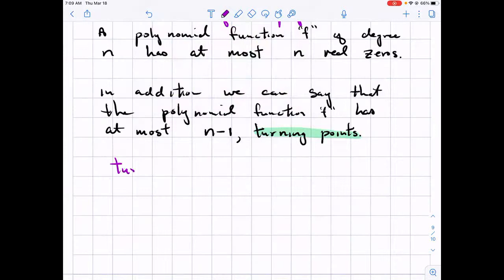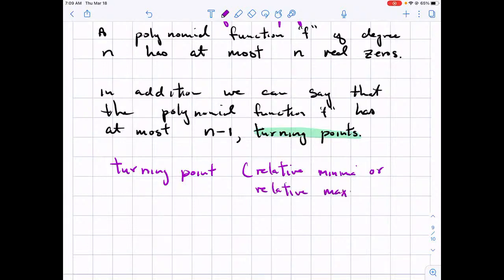So turning points are a relative minimum or a relative maximum. Those are the things we will look at now.